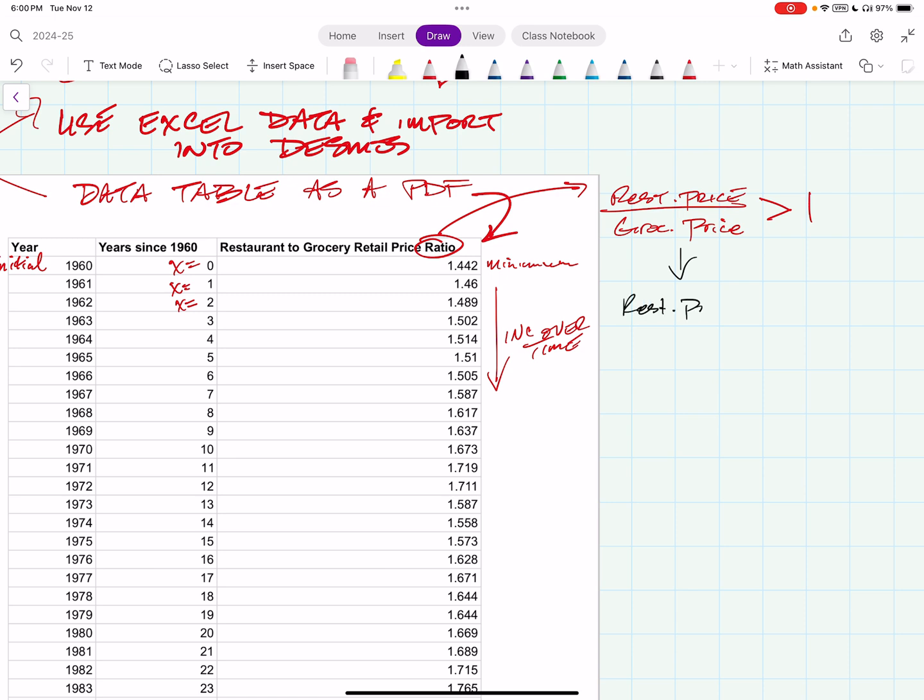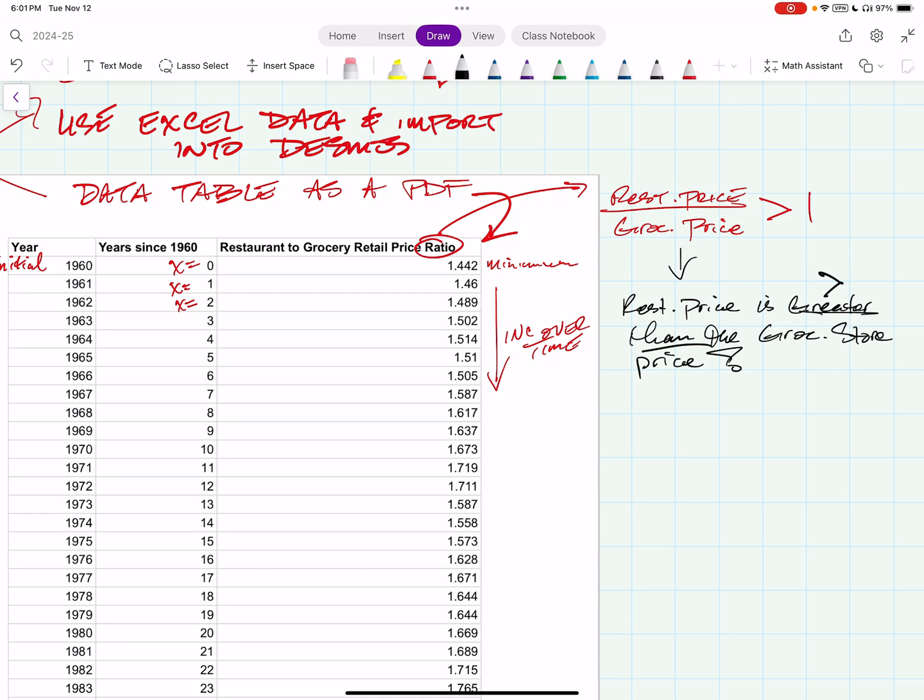So the restaurant price for the same meal, of course, is greater than the grocery store price if you're preparing the same meal.